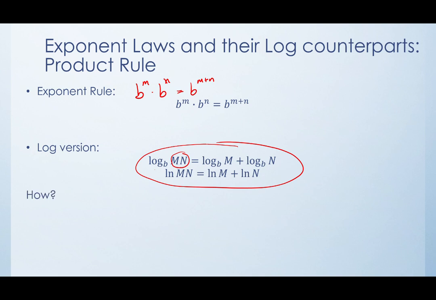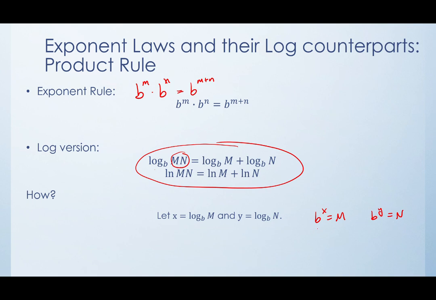So it's got a fairly easy proof. I'm not going to ask you it on the test, but let's say we let log base b of m be x and log base b of n be y. Then, let's write it this way, b to the x would be m, and b to the y would be n.